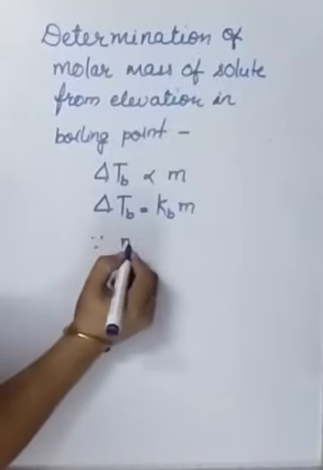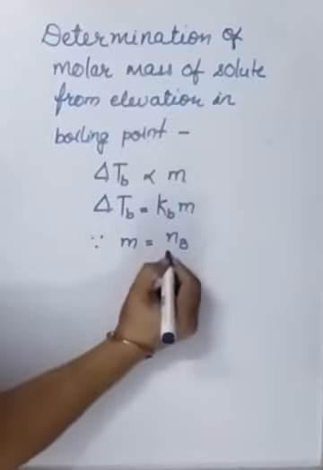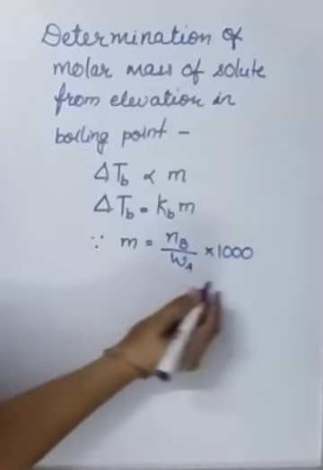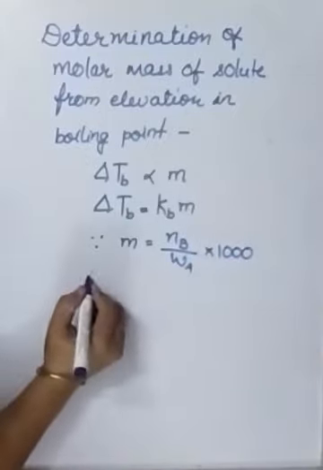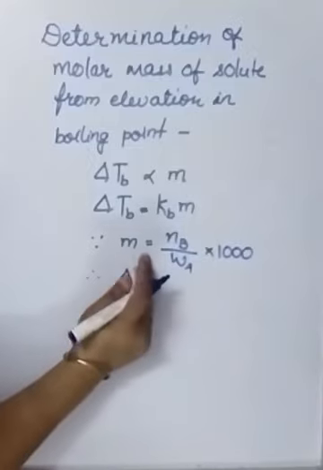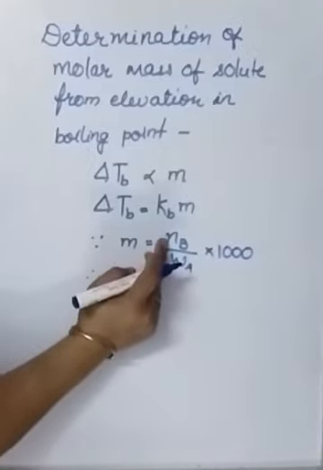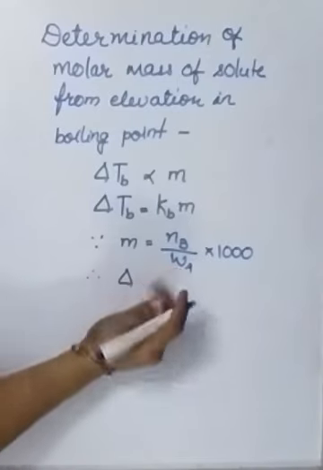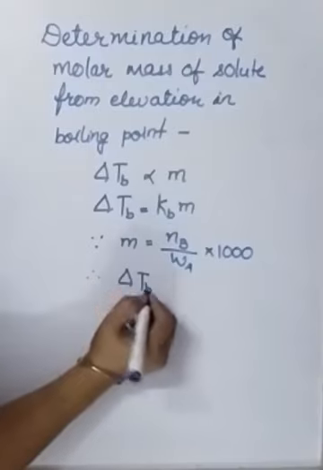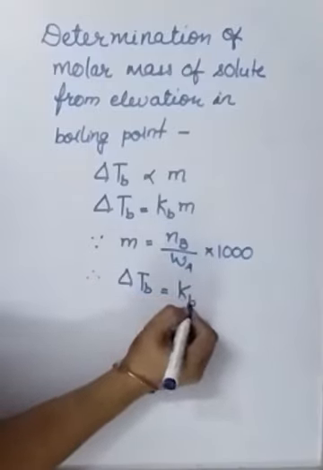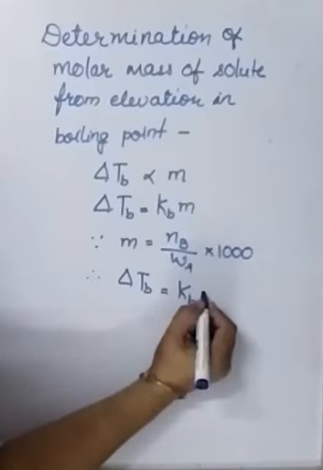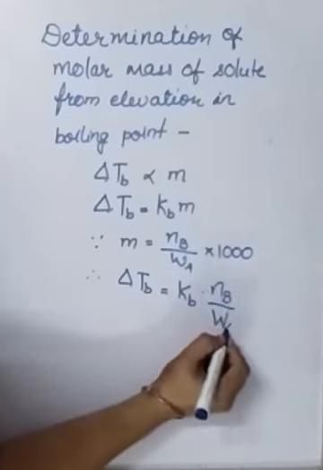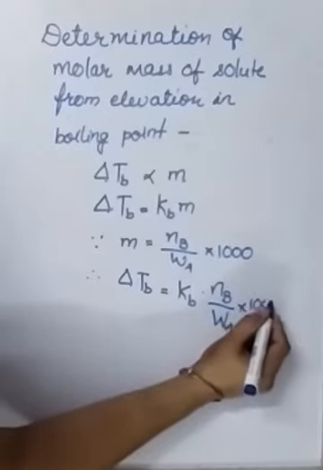Since m is equal to Nb upon Wa into 1000, as we studied in the definition of molality, that is, how many moles of solute are dissolved in 1 kg of the solvent, del Tb equals Kb Nb upon Wa into 1000.